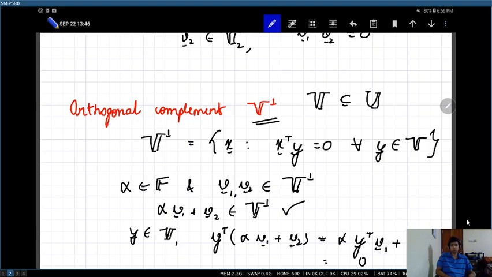So alpha v1 plus v2 also lies in the orthogonal complement V perp, and therefore V perp is a subspace.